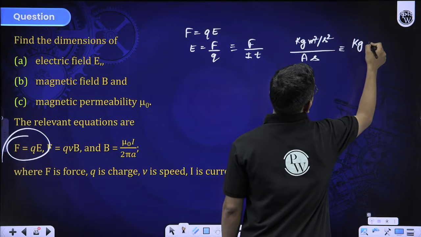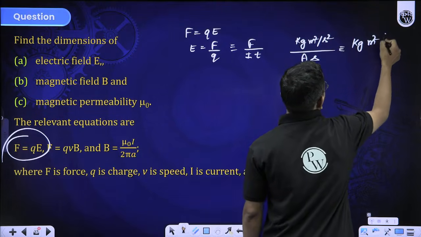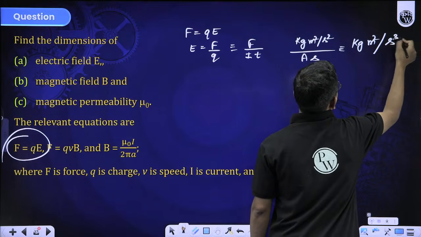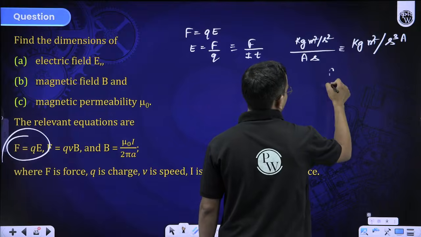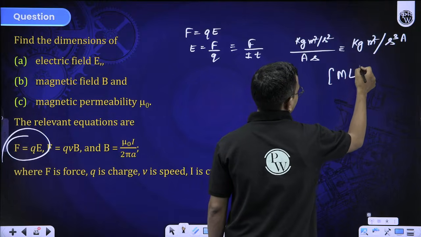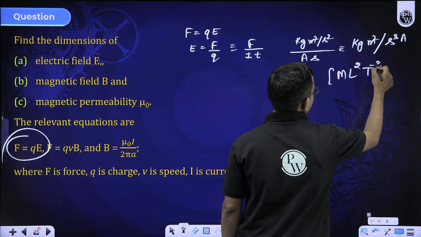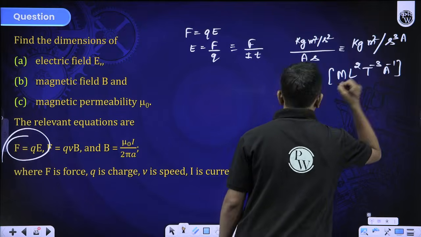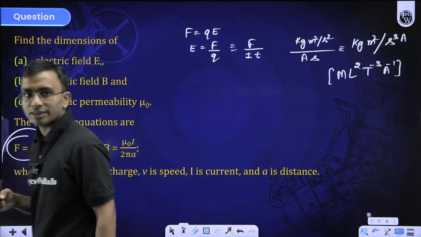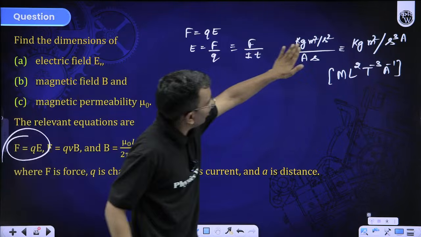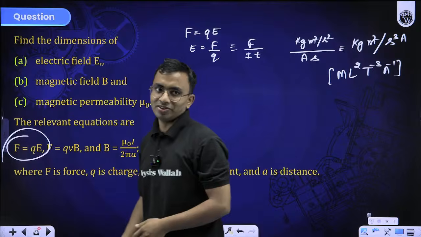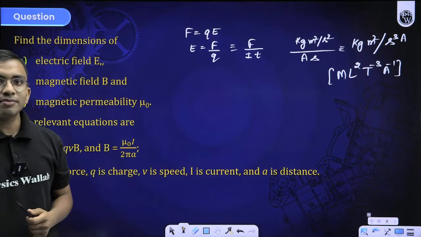Kg meter square per second cube ampere. Now write the dimensions. It will be M L2 T minus 3 A minus 1. These are the dimensions of electric field. Formula is given. Just find the units first, then find the dimensions of that.